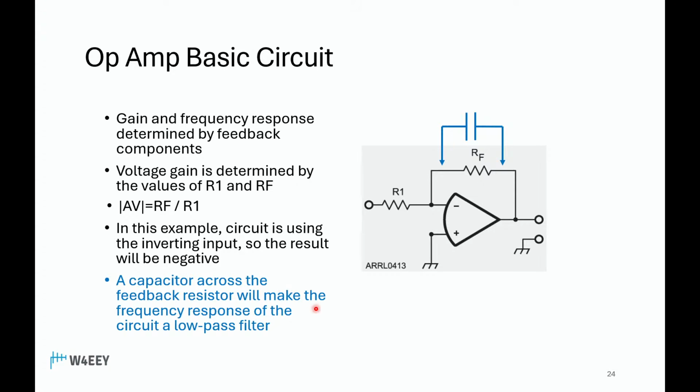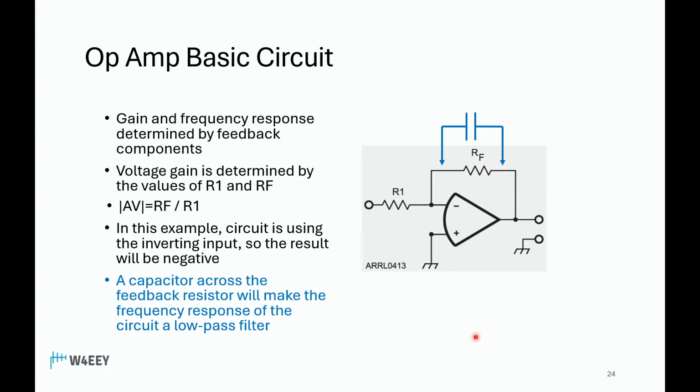And here we've got a case, it's the only pool question like this, a capacitor across the feedback resistor will make the frequency response of the circuit a low-pass filter. Now these can be configured for low pass, high pass, all kinds of crazy things. There's whole books that have been written about things you can do with op amps.